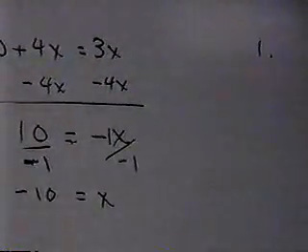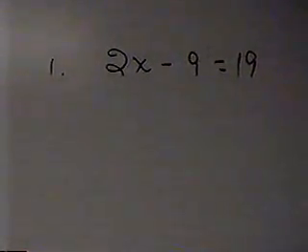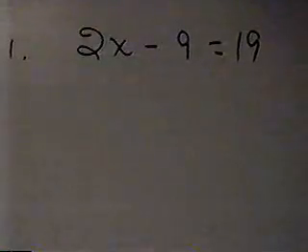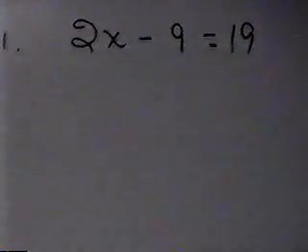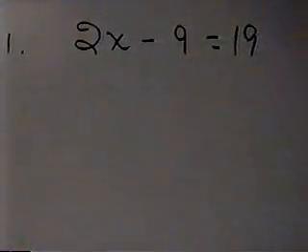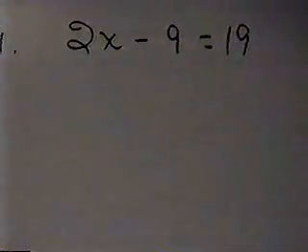So the first one says, if 9 is subtracted from 2 times a number, the result is 19. Let's read it again. If 9 is subtracted from 2 times a number, the result is 19. Now what you need to do is to read the problem several times until you get a mental picture of what it's saying.